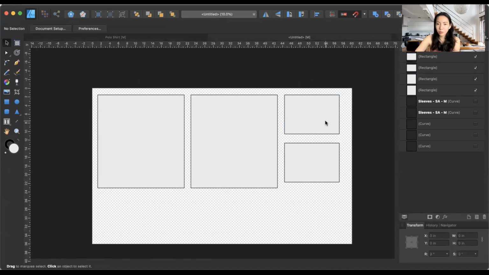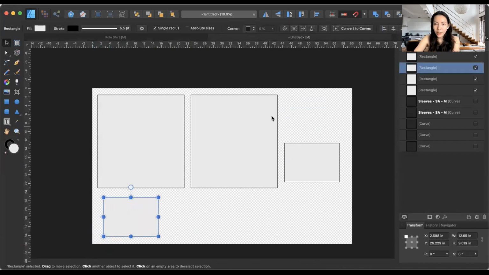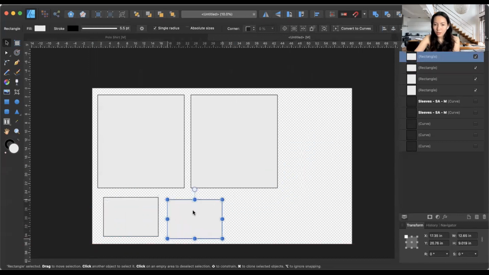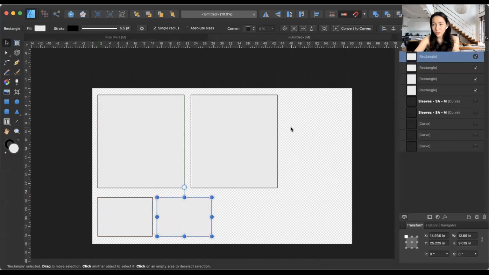So let's pretend it's 45, right? So you already have 40 here. So it's going to be until here. You're going to have to move your pieces here. So you're going to need around 1 yard of the 45-inch width fabric to make that shirt.